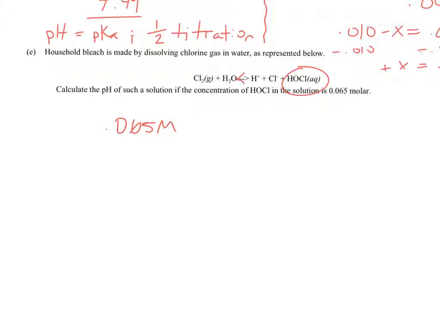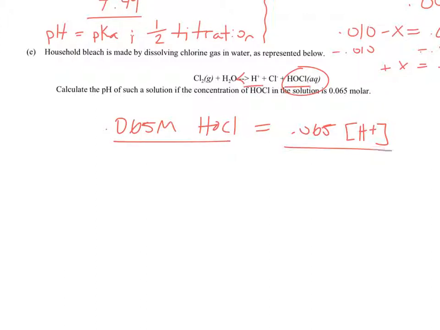So if that's the concentration of the solution at equilibrium, and the mole ratio is 1:1, so for every mole of HOCl, I should get an equivalent number of moles or molarity of H+. 1:1 ratio. And this is the concentration at equilibrium. And so if I take the negative log of 0.065 molar, I get the pH of 1.2.